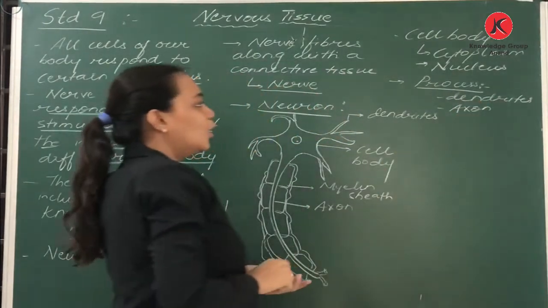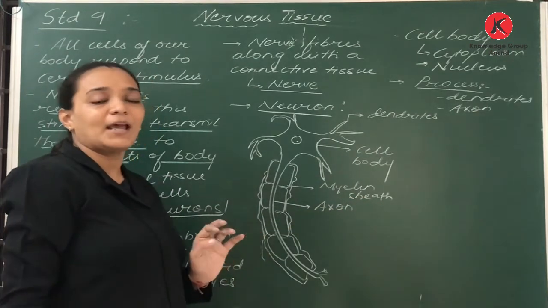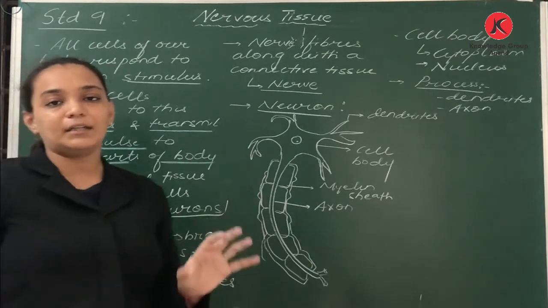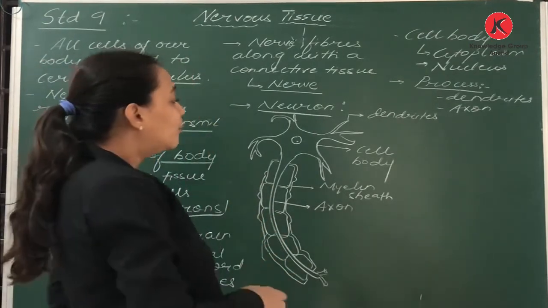Most of the neurons में बहुत सारे dendrites होते हैं, जबकि axon हर एक न्यूरॉन में एक ही होता है. There is only one elongated structure which is the axon.